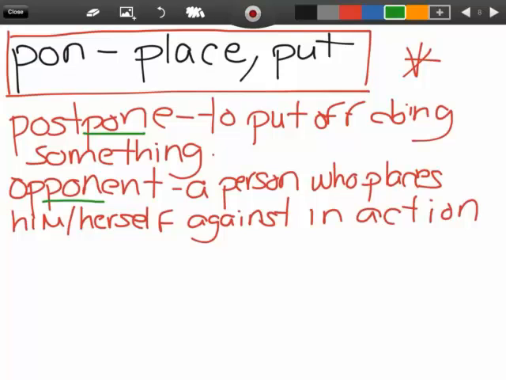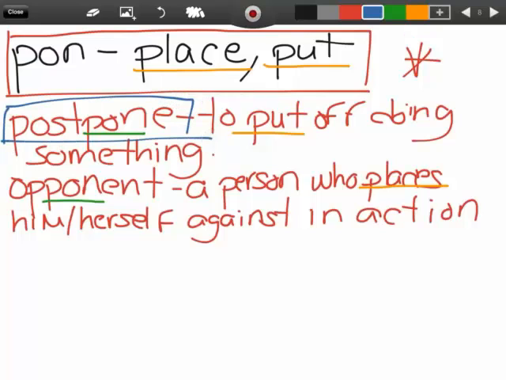So I'm going to go ahead and underline to put, and an opponent, a person who places him or herself against an action. I'm going to go ahead and underline places here so you could see it much more clearly, and I'm going to go ahead and use postpone in a sentence.